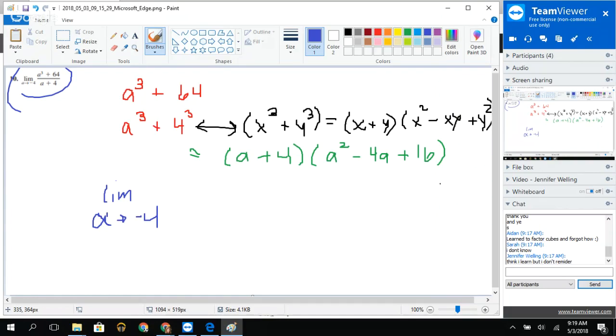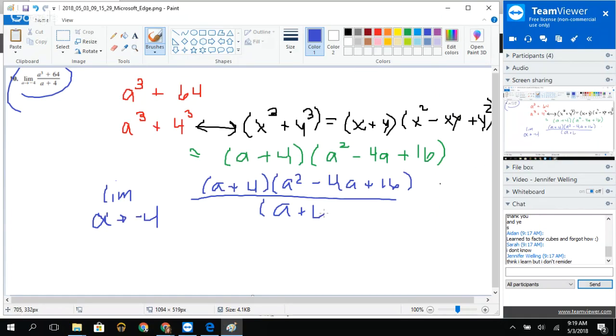Instead of writing a cubed plus 64, I'm going to write a plus 4 times a squared minus 4a plus 16 over a plus 4. And I can cancel out my a plus 4s. Okay, and so now I can actually observe the limit by putting -4 into the quadratic that's left over.